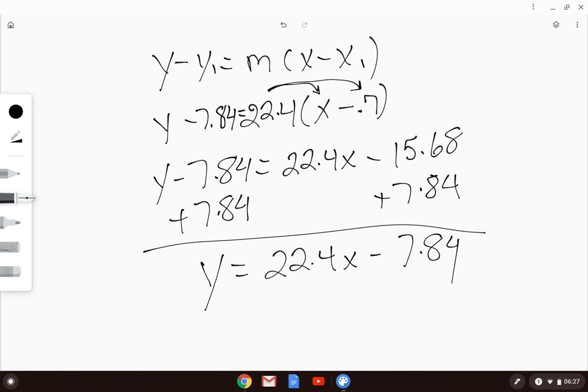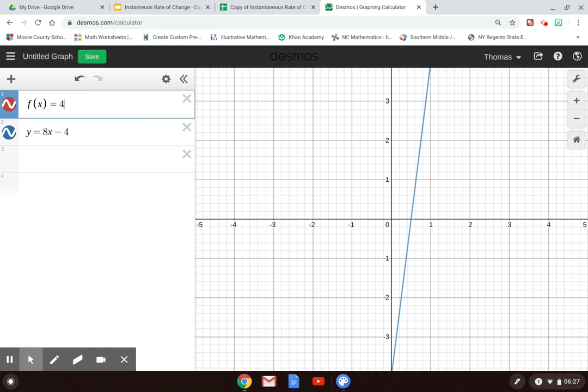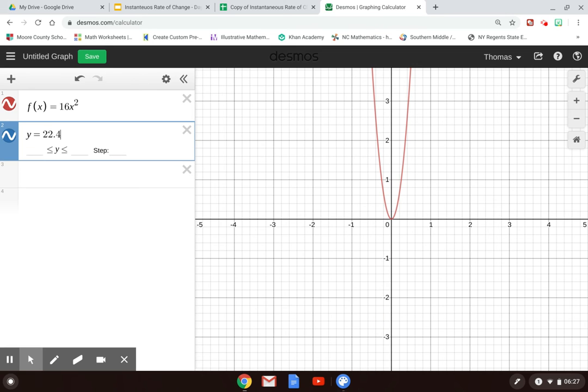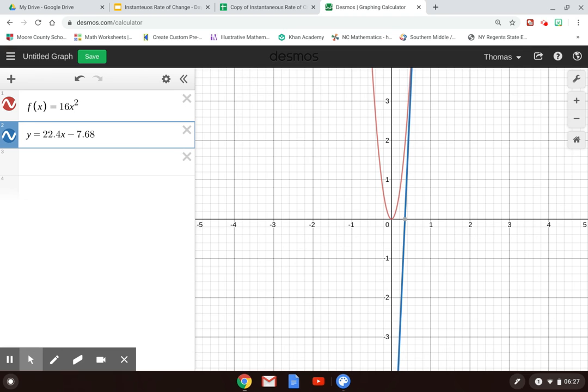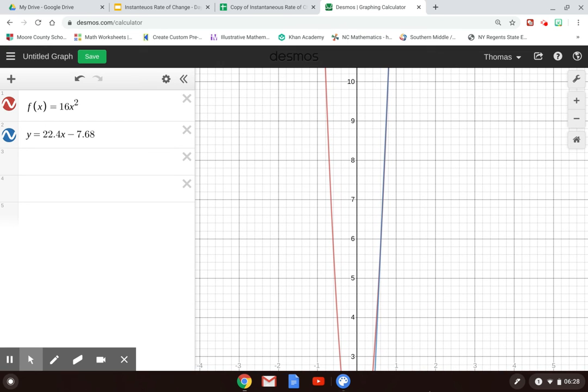So what I do now is come over here to Desmos. This one was 16x squared, and this is going to be y equals 22.4x minus 7.68. And so again, you can see here's your tangent line.